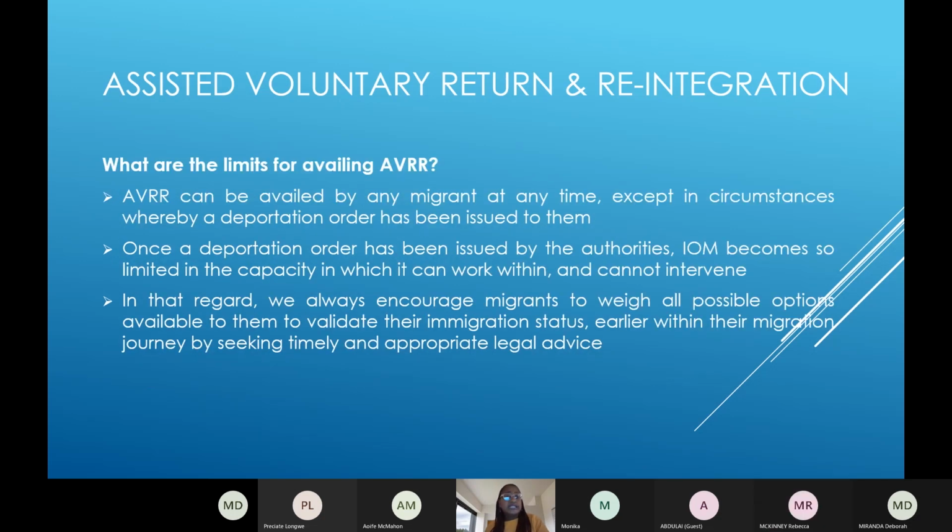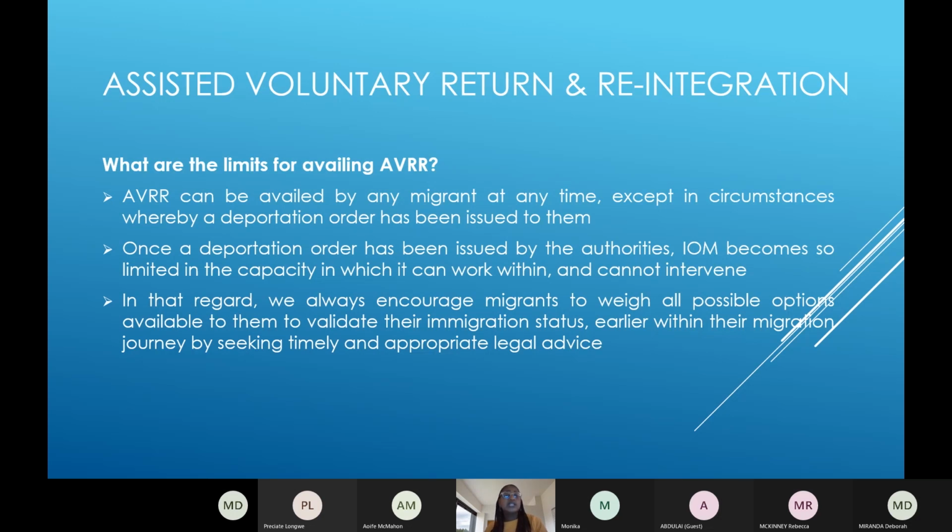And what would be the limits for availing assisted voluntary return? There are actually limits, and the limits are related to when someone is issued with a deportation order. Once you are issued with a deportation order, we become quite limited in the capacity that we can work within, and we cannot intervene when a deportation order is served.